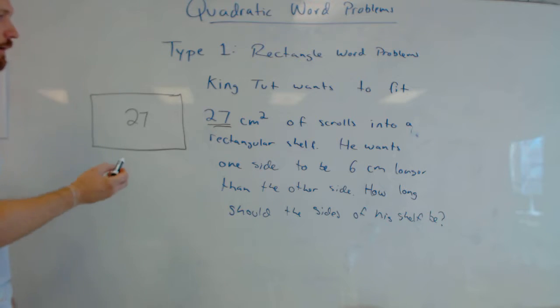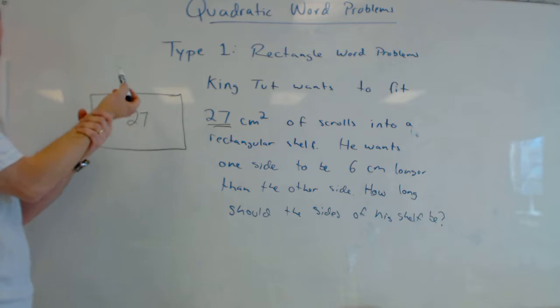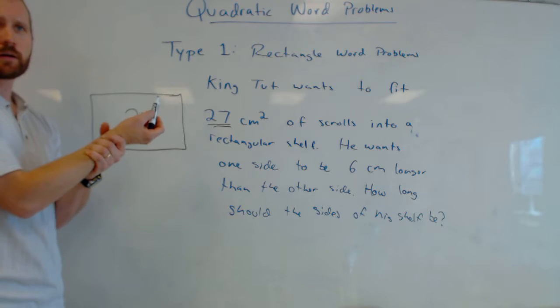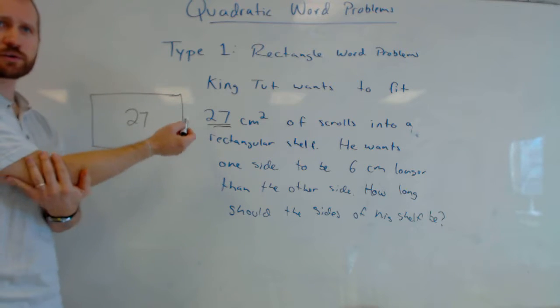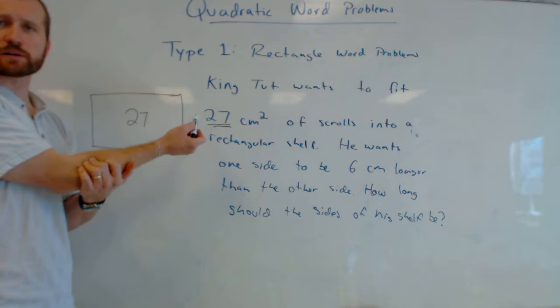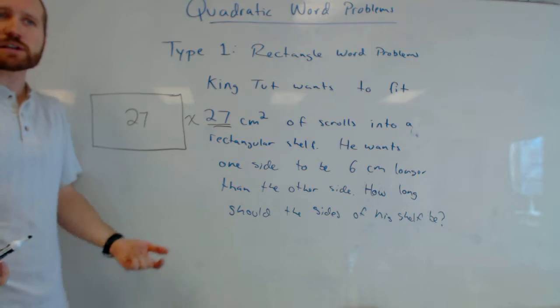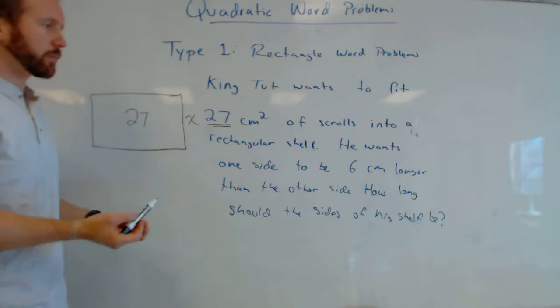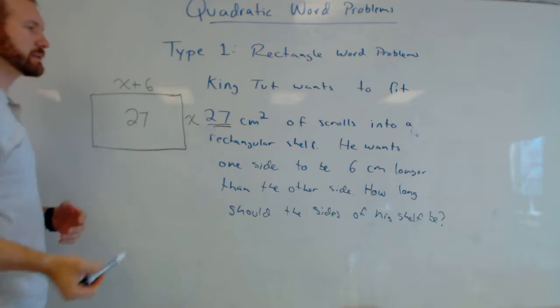The longer side has to be something plus 6, which is the shorter side. So let's start with the shorter side. How long is it? We don't actually know, so let's just call it x. And then the longer side would be x plus 6.